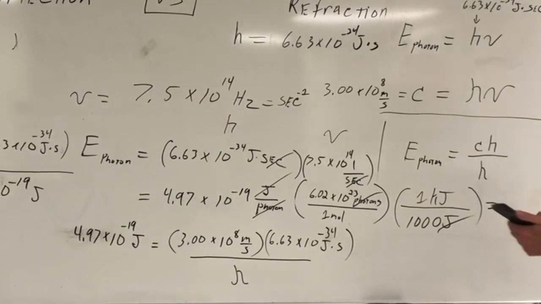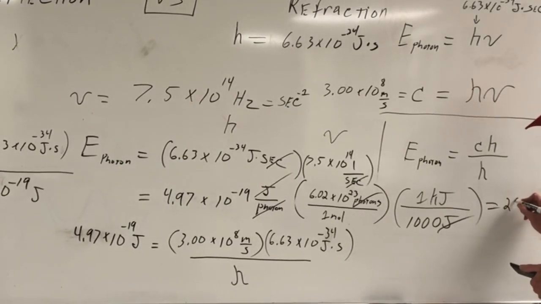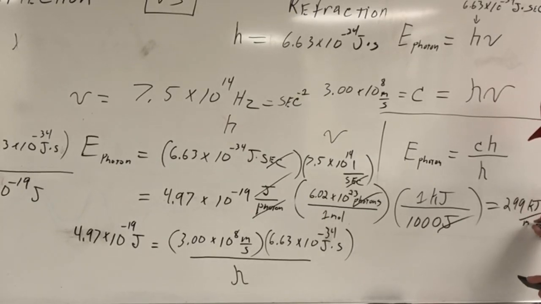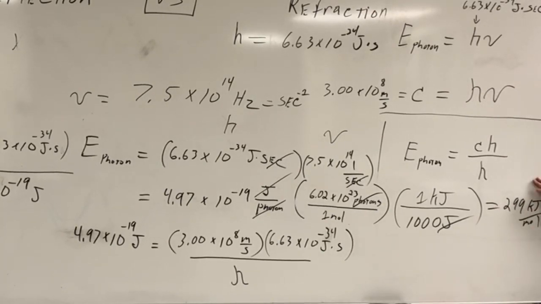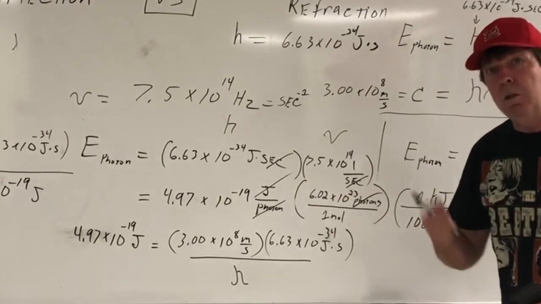We're going to be left with 299 kJs per mole of photons. So that's the energy content of a mole of these individual photons.